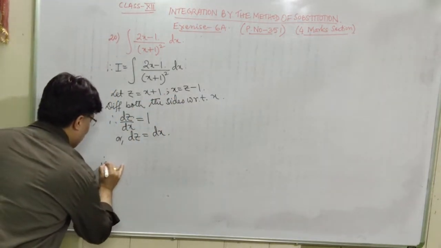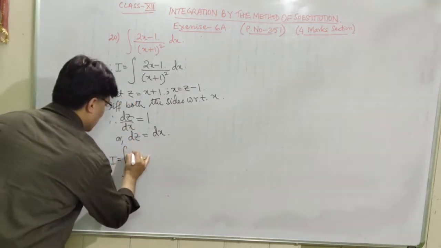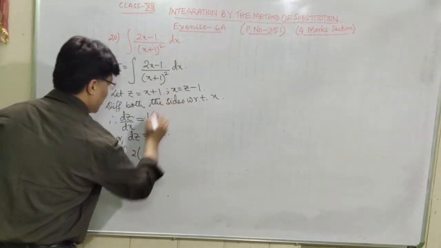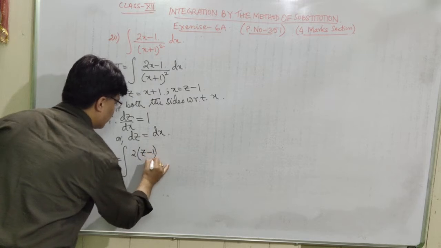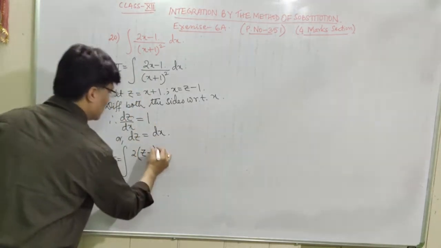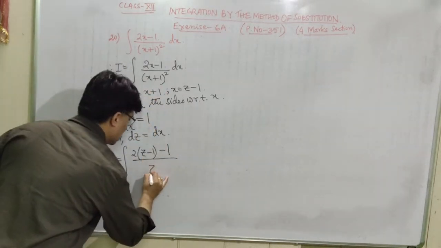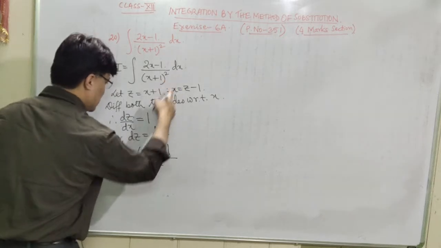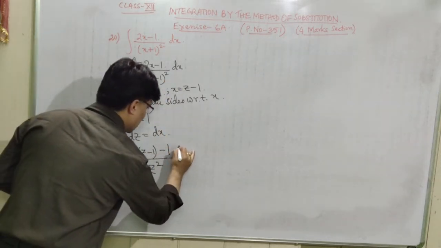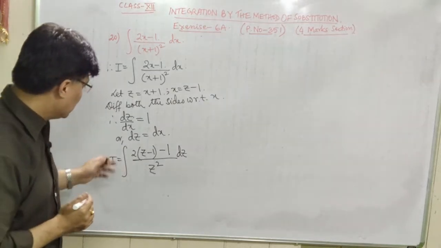So therefore I is equal to the integration of 2 into, what is x here? x is z minus 1, bracket closed. Then write down minus 1. This whole divided by, what is x plus 1? It is z square. And what about this dx? dx, you can write it as dz. Now let's simplify the numerator.